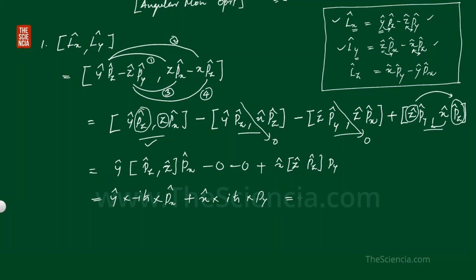That is, this is equal to iħ into (x py minus y px). All are operators. And we now see this term is nothing but Lz, x py minus y px. So the commutator bracket [Lx, Ly] is equal to iħ Lz.